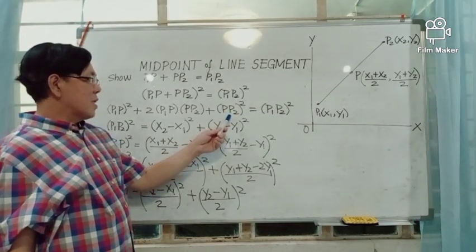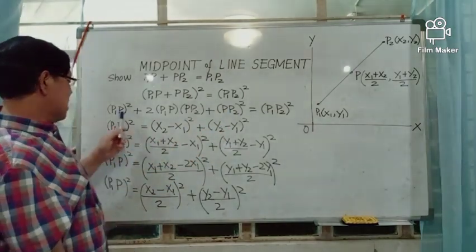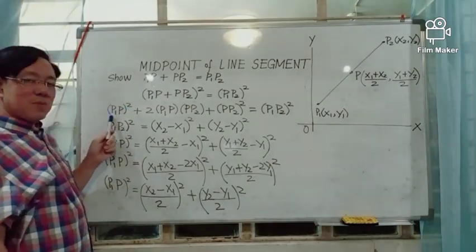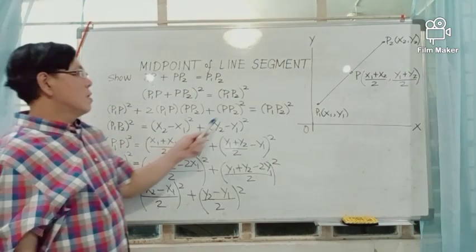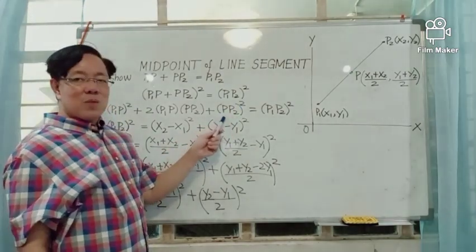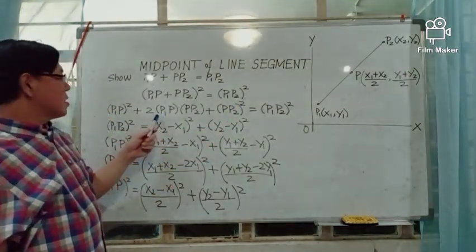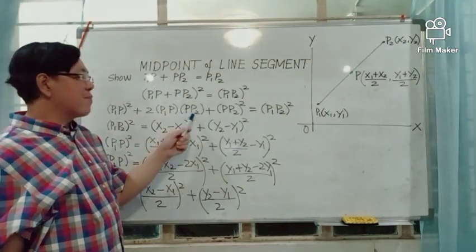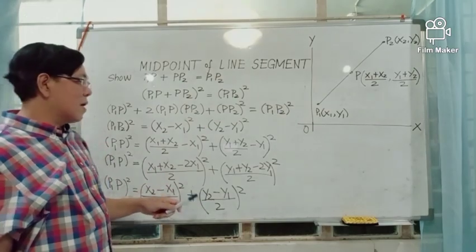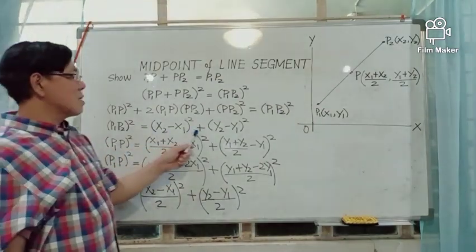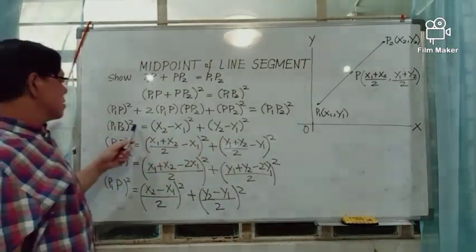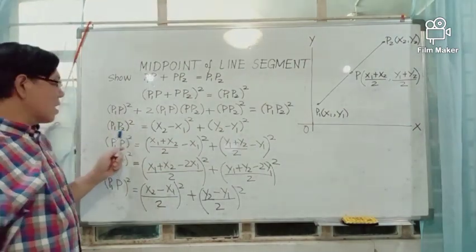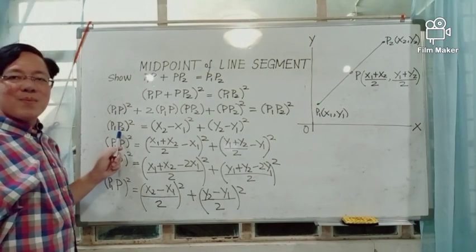And after we get that, we substitute the values of the square of the distance between P1 and P, the square of the distance between P and P2, and we will simplify, and we should get this one: the square of the distance between the endpoints of the line segment P1 and P2.